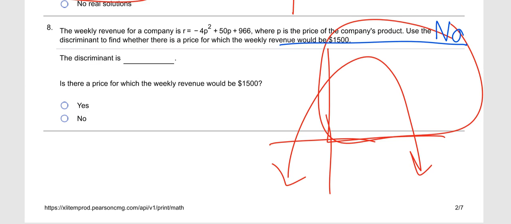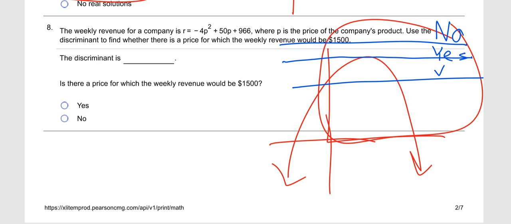What if $1,500 touched one time? That would be a yes. What if $1,500 was here? That's a definite yes. So the only way this could be a no is if it's not touching. And what kind of discriminant would cause that no to occur? You're really looking to see if this is negative, 0, or positive.